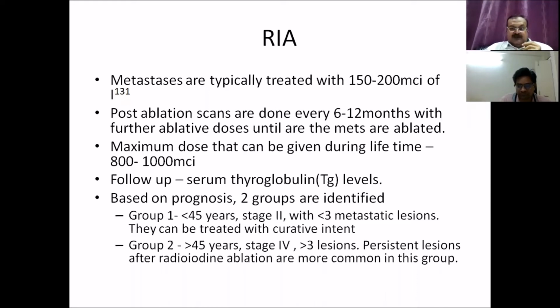Follow-up is done with thyroglobulin levels, and based on the prognosis, two groups are identified in metastatic disease. Group 1 is those under 45 with less than 3 metastatic lesions. There the intent is curative, and the other is more than 45, more than 3 lesions. And those lesions which are persistent even after radioiodine ablation are most common in this group.